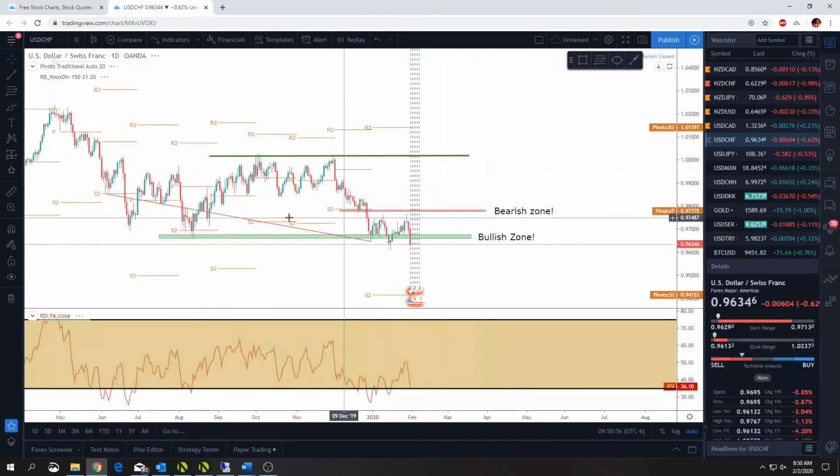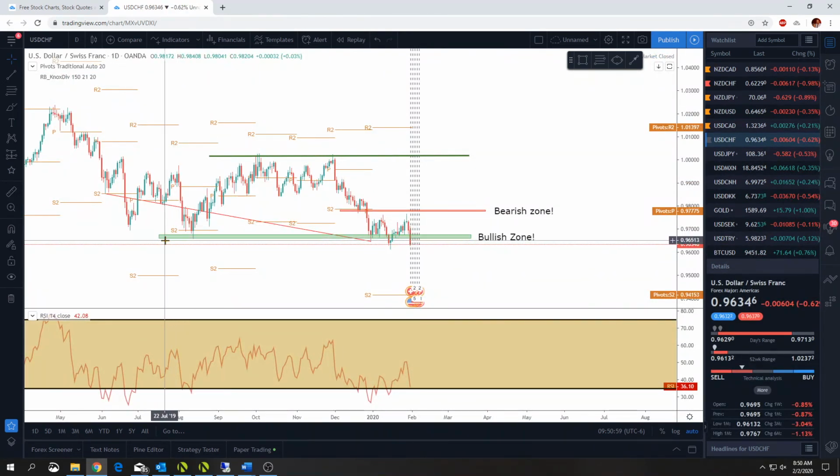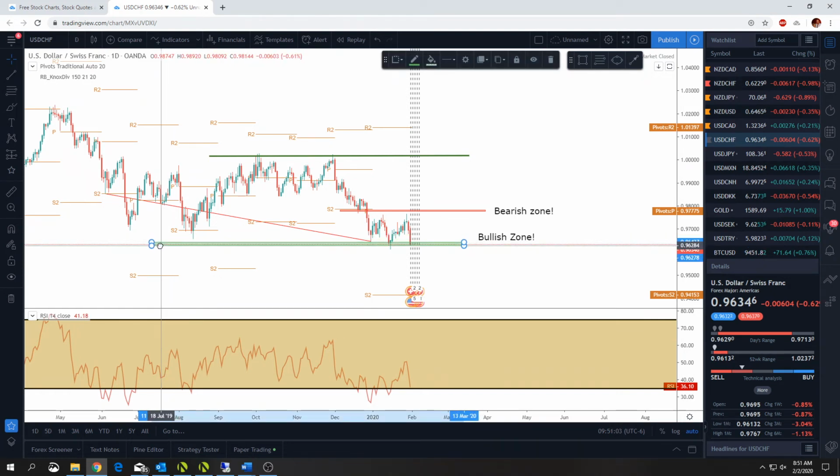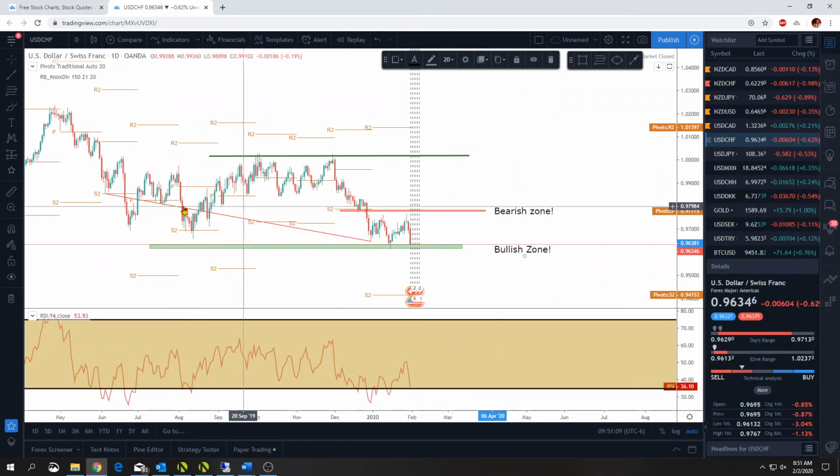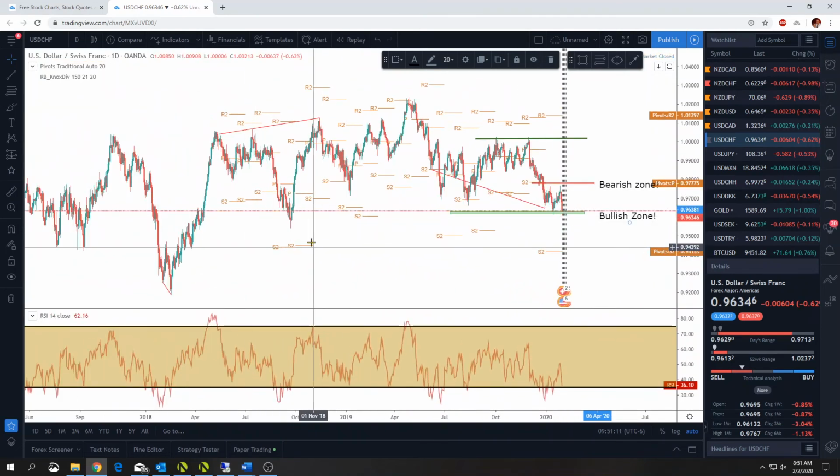Let's look at USD Swiss franc. All right. Swiss franc got strong, as we know. Let's target that last support area right where we're at. It's pretty hard to bet really hard against the US dollar.